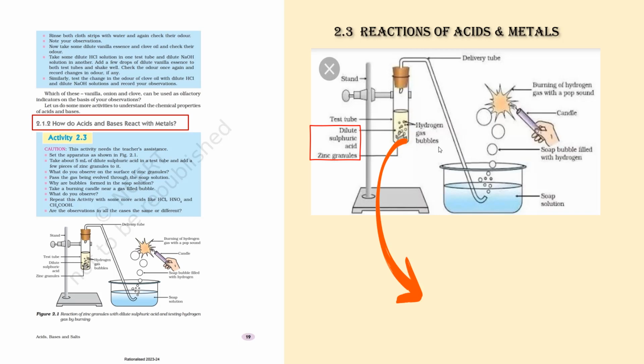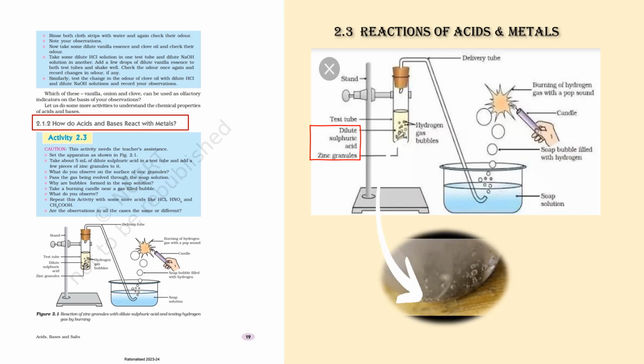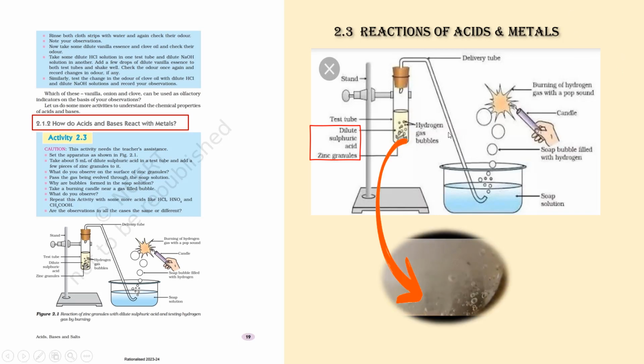In your textbook, it is already written that there is evolution of hydrogen gas. But in the chemistry lab, when you will be performing this experiment, you won't actually come to know what the gas is. Therefore, there are some analytical tests for each and every gas which identify which gas that is.